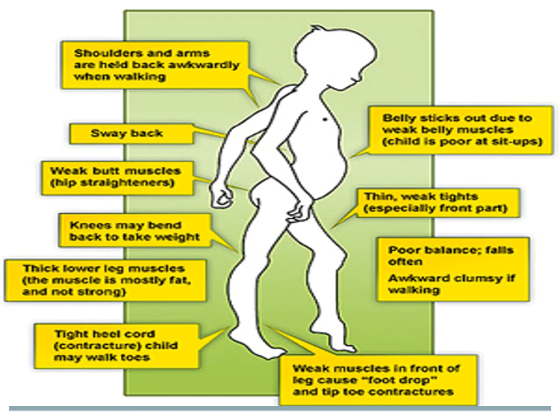Thick lower leg muscles are mostly fat and not strong. The tight heel, hard contracture, and the child may walk on toes. The belly sticks out, protruding outward, with belly muscles.